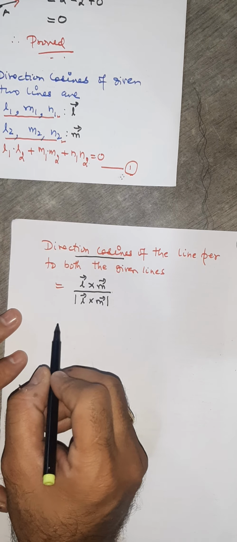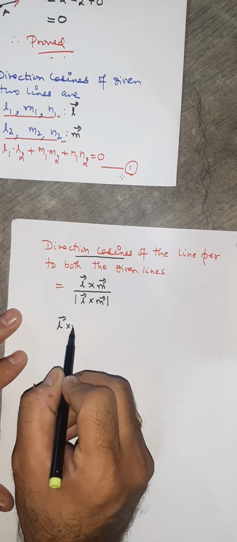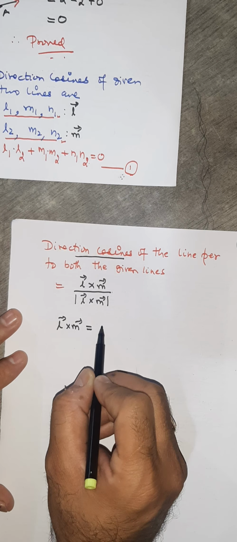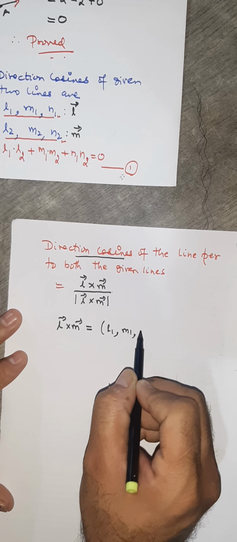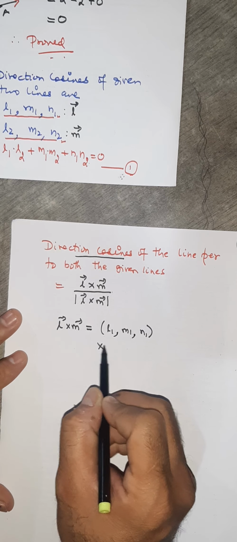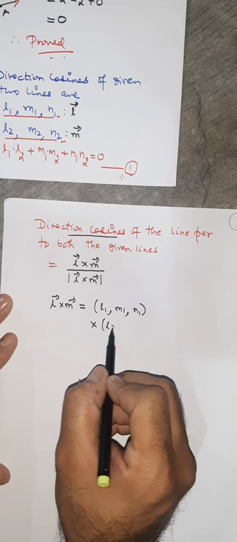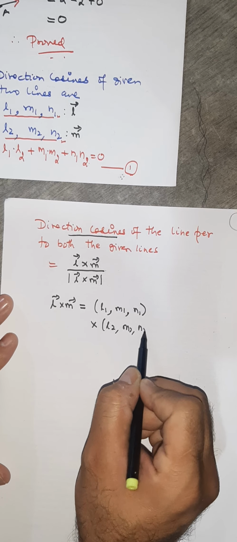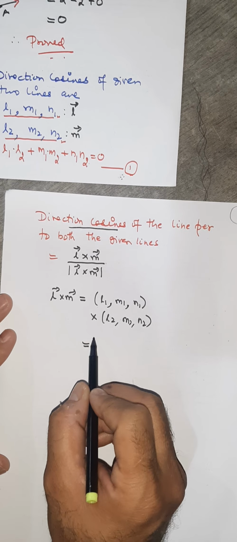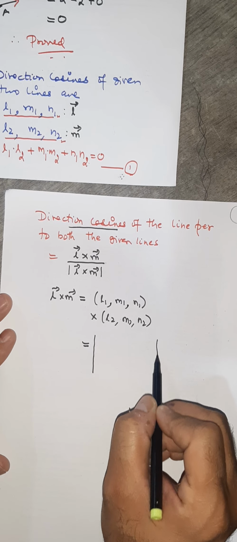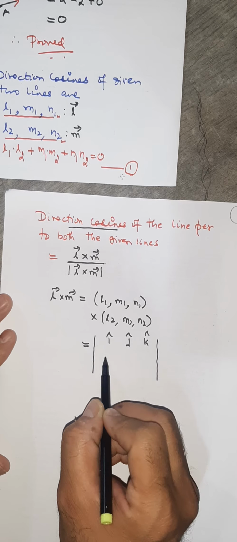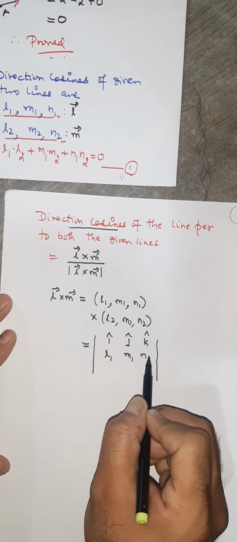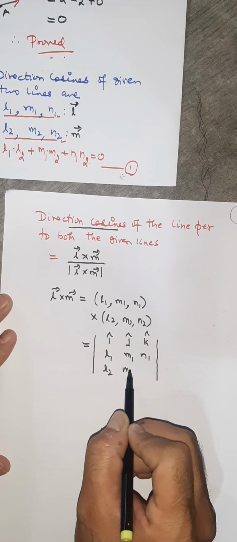So first I'll get the cross product. Here you have (L1, M1, N1) cross (L2, M2, N2). You know the cross product is the determinant with i, j, k, then L1 M1 N1, L2 M2 N2.